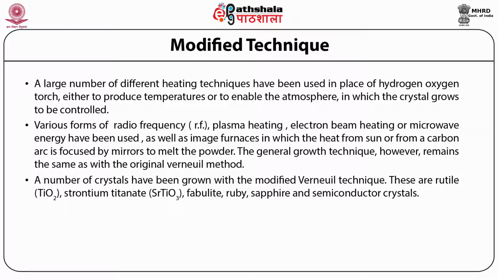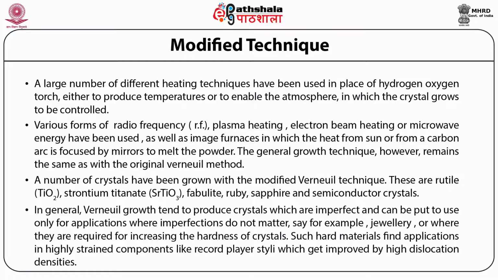In general, Verneuil growth tends to produce crystals which are imperfect and can be put to use only for applications where imperfections do not matter, say, for example, jewelry, or where they are required for increasing the hardness of crystals. Such hard materials find applications in highly strained components like record player styli, which get improved by high dislocation densities.